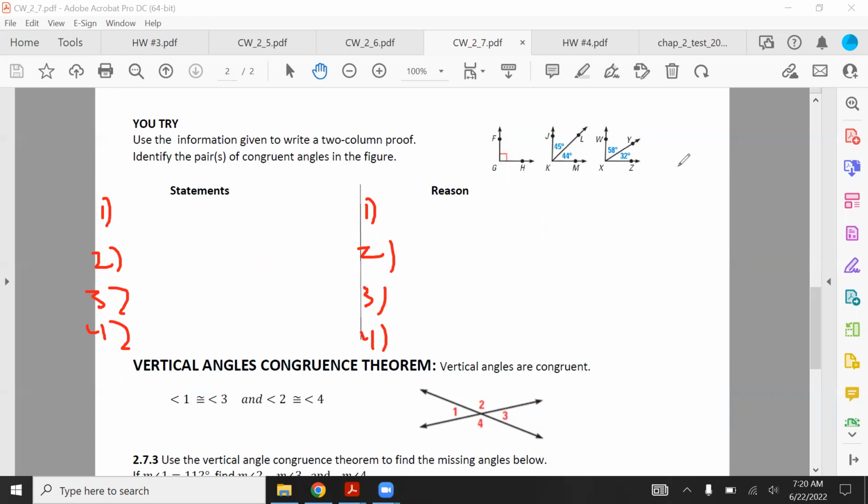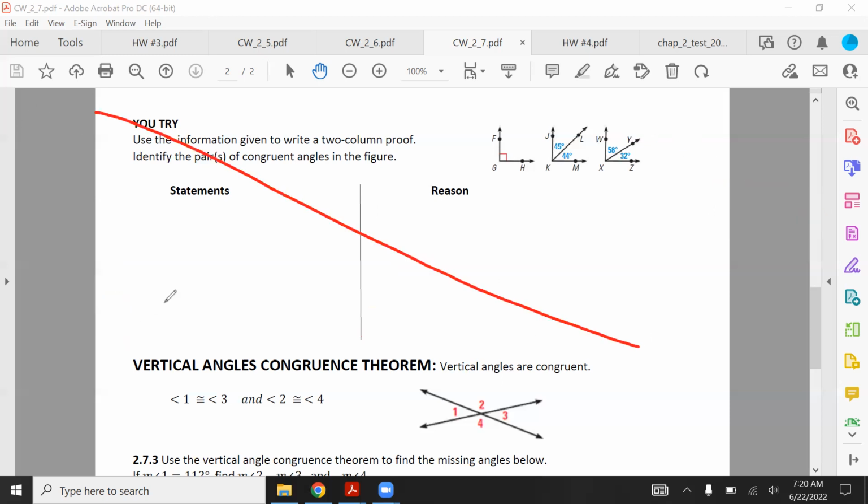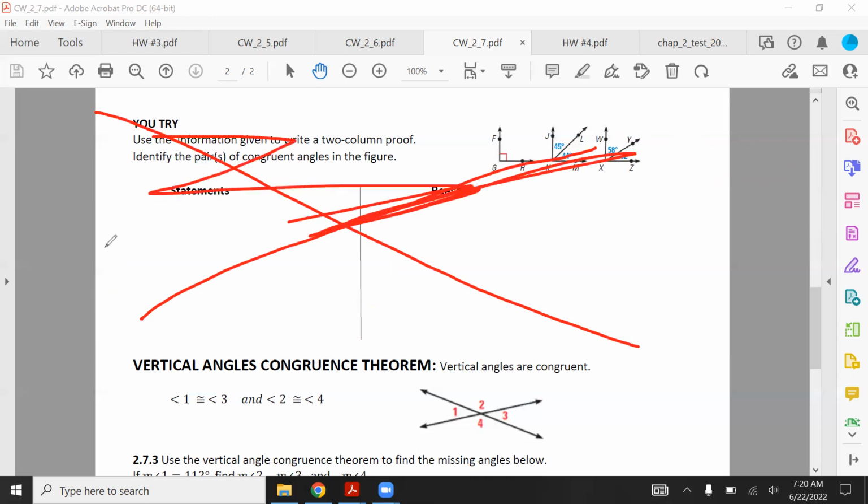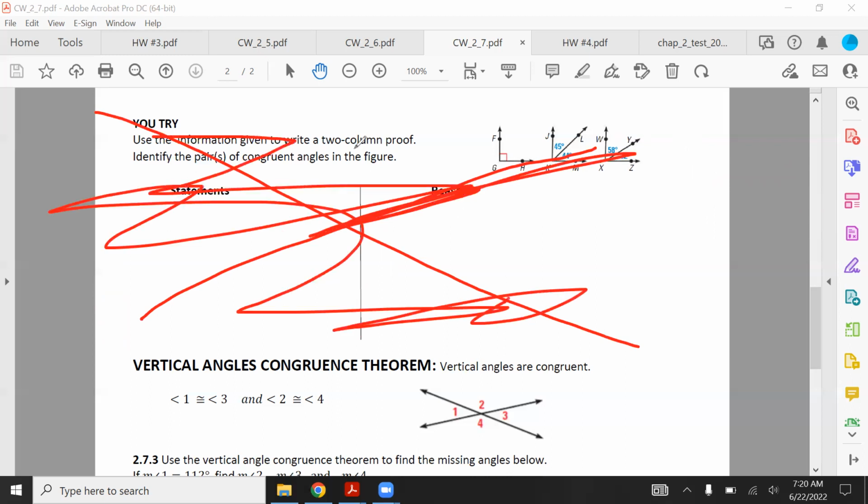I'm not exactly sure what we have. I guess you'd have to prove that angle FGH equals angle WXE. That one's a little strange to me. Let's go and cross that one off. Don't worry about it. That was not a very well-designed question.